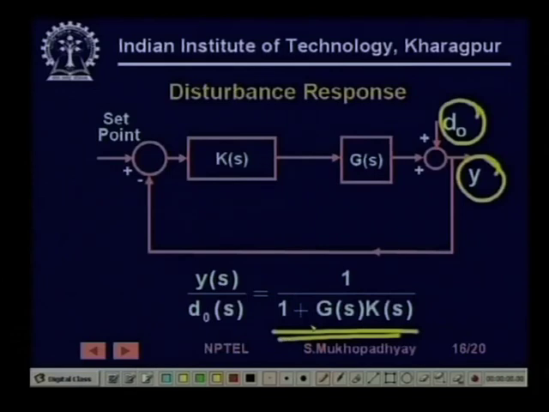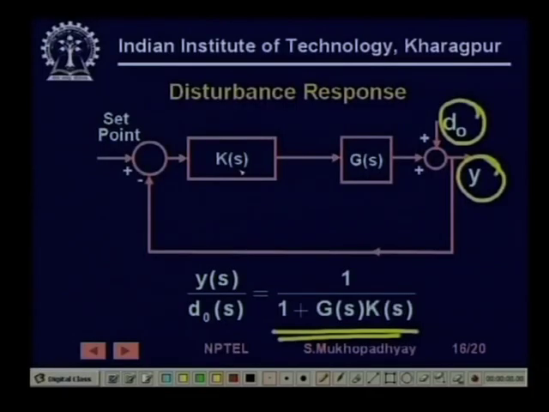Now again we see that it is not possible to exactly neutralize all kinds of disturbances, but let us say one of the major kinds of disturbances is step disturbance, that is, disturbances which change once or twice and then stay on. If you have step disturbances, then you can again see that if you have an integral, then this term will actually go very high as s tends to 0.